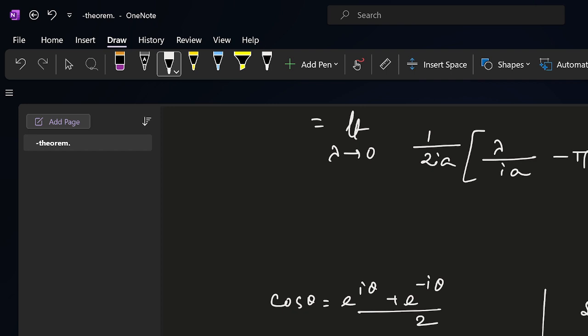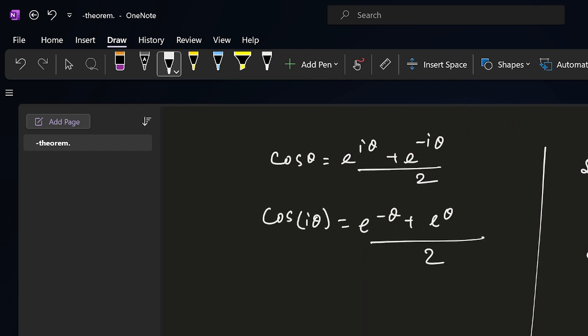And similarly, you know that sin theta equals e to the power of i theta minus e to the power of minus i theta by 2i. Then again replace theta by i theta in the previous term, and you get e to the power of minus theta minus e to the power of plus theta by 2i for sin(i theta).